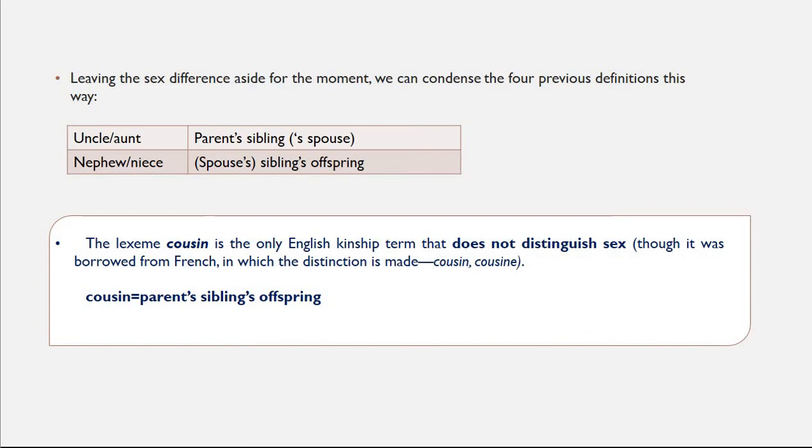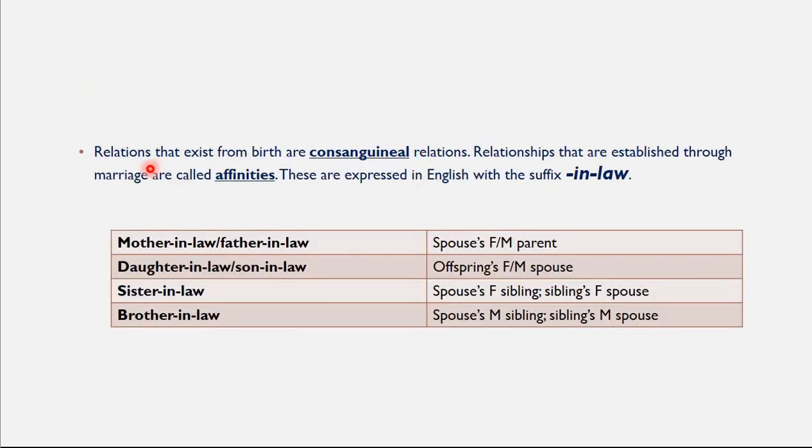It doesn't matter. And relations that exist from birth are consanguineal relations, while relations that are established through marriage are called affinities, sonradan edinilenler. And these are expressed in English with the suffix in-law. In Turkish we use different words, but in English, these in-laws are the relatives that you gained through your husband or your wife.